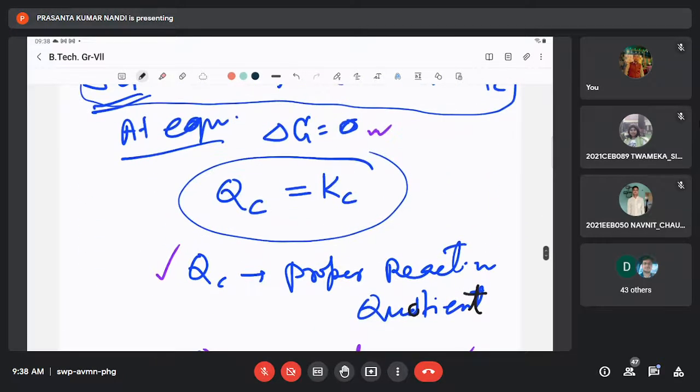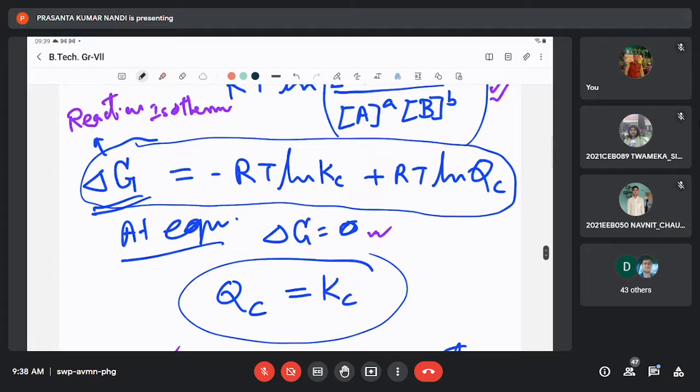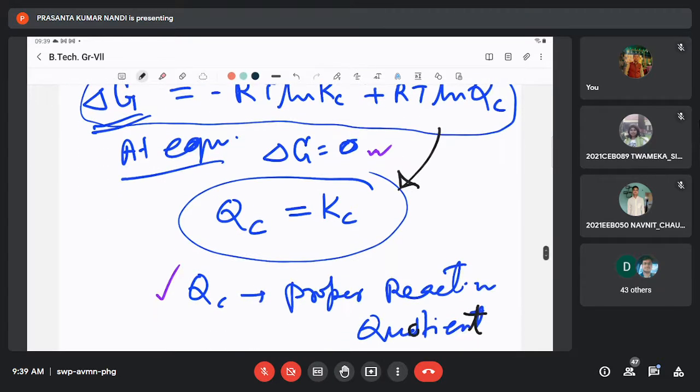And if delta G equals 0, then from these expressions one can easily conclude that the proper reaction quotient is identical to the equilibrium constant in concentration scale. This is true only when the reaction attains an equilibrium state, because delta G would be equal to 0, and on comparing, the reaction quotient would be equal to this.